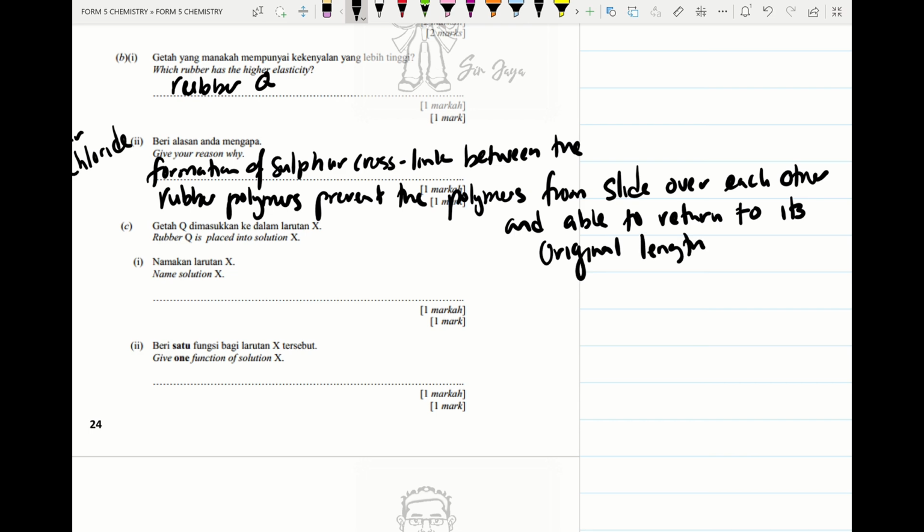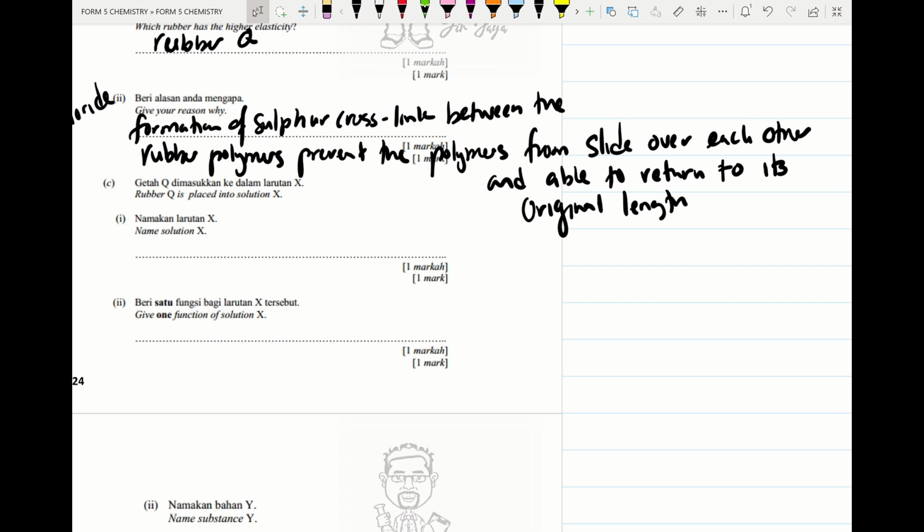Therefore, this rubber Q is elastic. The formation of cross links between the rubber polymers prevents the rubber polymers from sliding over each other and they are able to return to their original length.